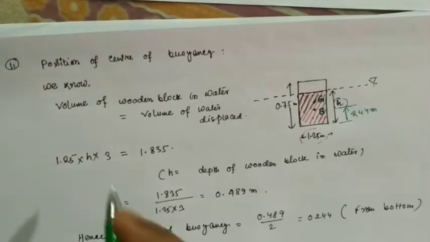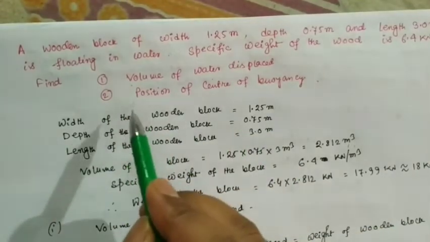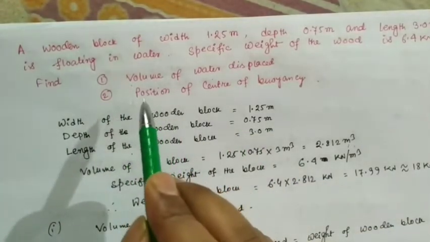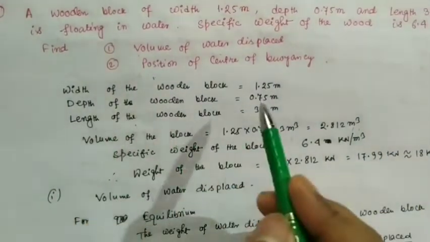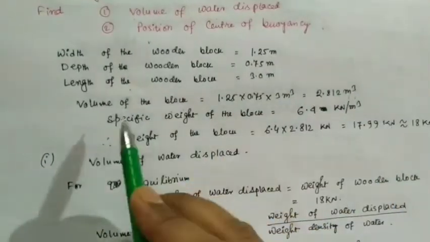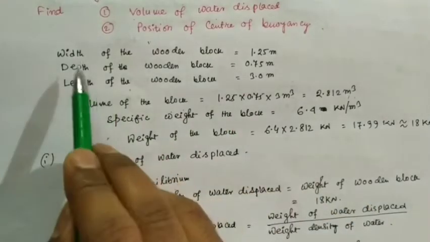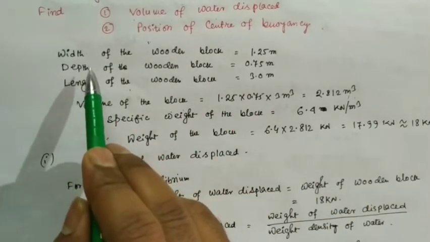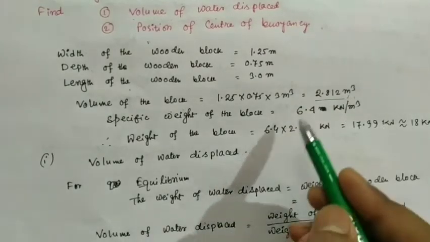So I just repeated the question again. The question asked, you have to find the volume of water displaced and the position of the center of buoyancy. So what I did, I just wrote down all the data given in the question. Then you have to find the volume of the block by multiplying width, depth and length, and we got the volume.